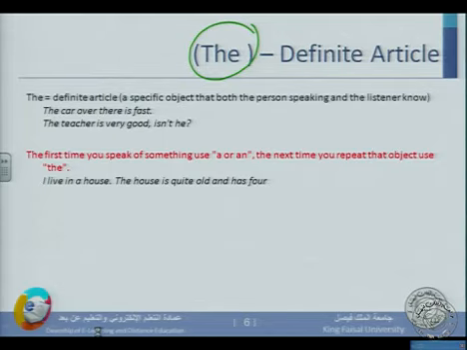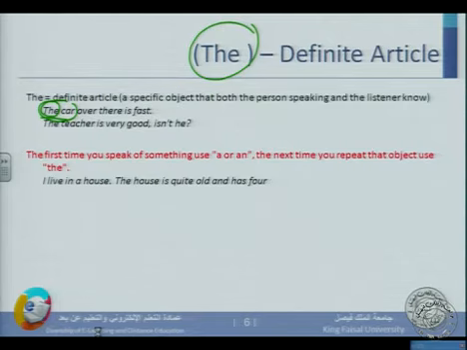The definite article is used with a specific object that both the person speaking and the listener know. يكون فيها المتكلم والمتلقي عارفين على أي شيء بنتكلم. مثلا, the car over there is fast. السيارة هناك سريعة, أو التي هناك هي سريعة. The car. الآن أنا وأنتم we know which car we are talking about.